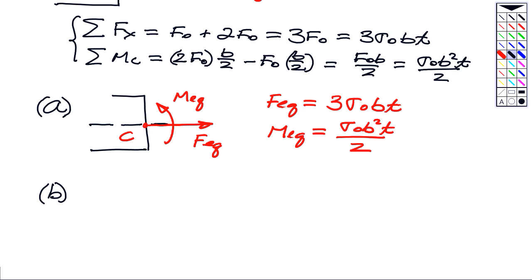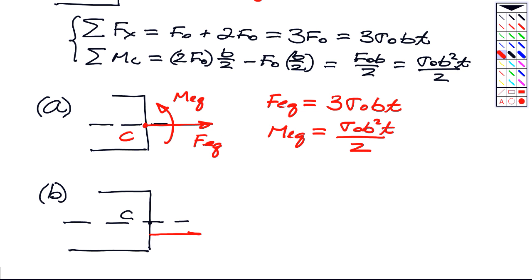If we wanted to replace this not by a force and a couple, but by a single force, where would that be? So this is point C again. We're going to have this same equivalent force, F EQ. That doesn't change by where you place it. But it's going to be at some distance d, which we don't know.